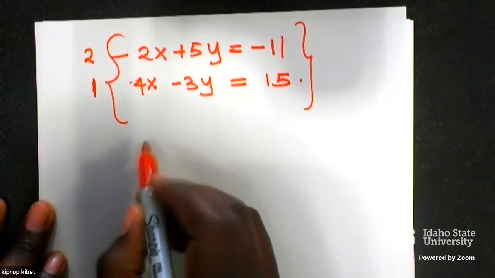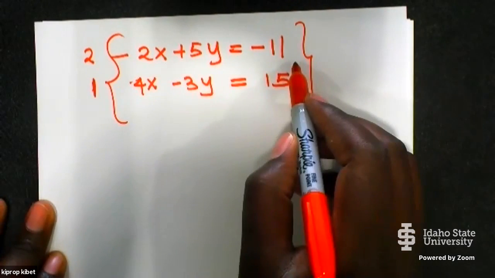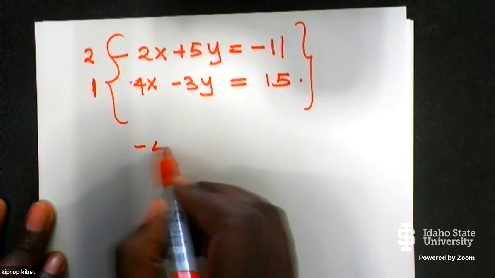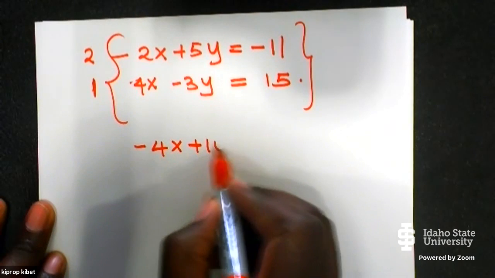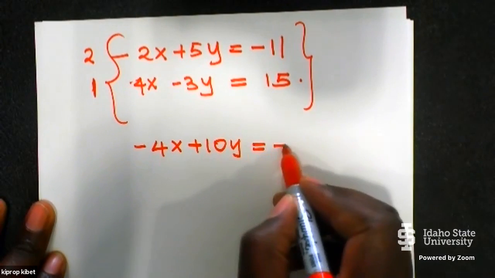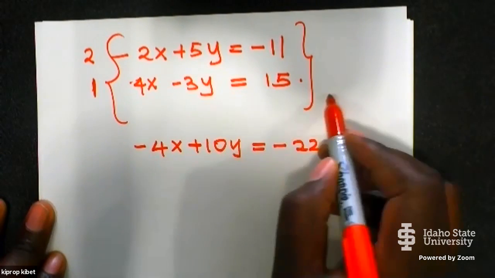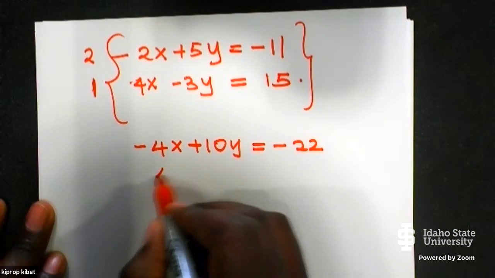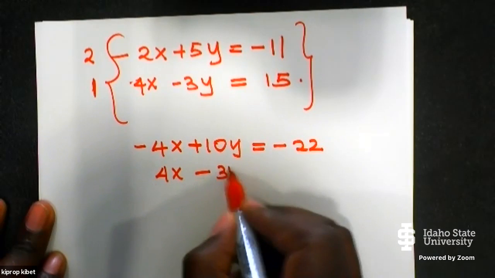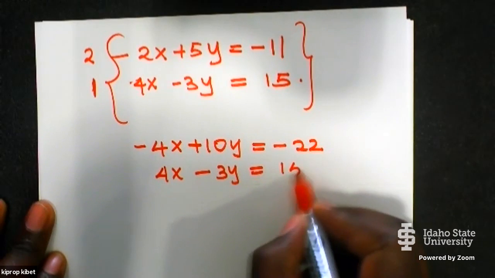When you multiply everywhere by 2, you get minus 4x plus 10y equals minus 22. Then when you multiply the second one by 1, you get 4x minus 3y equals 15.